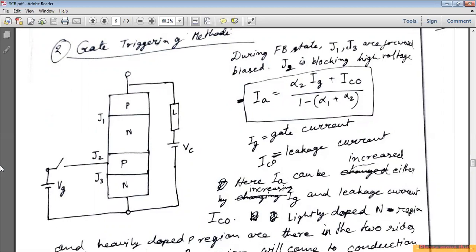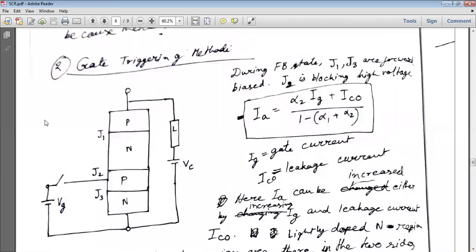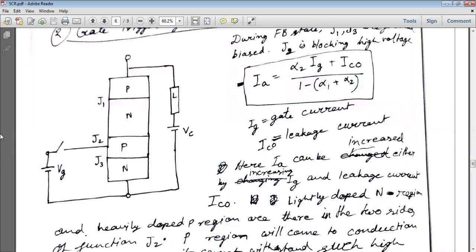Okay, now when the switch is closed from the gate terminal, the gate current will enter into the P region. It is observed that charged particles are entering into the P layer, and indirectly J2 comes to conduction and becomes forward biased.